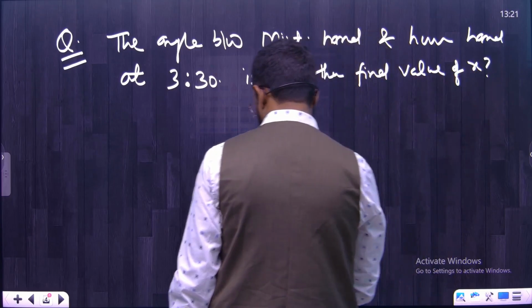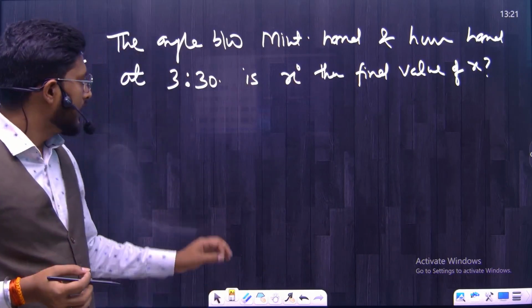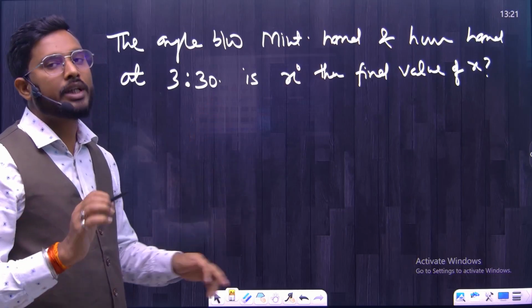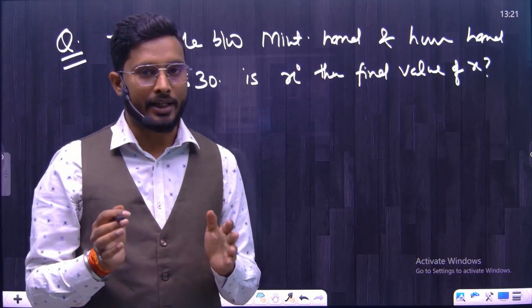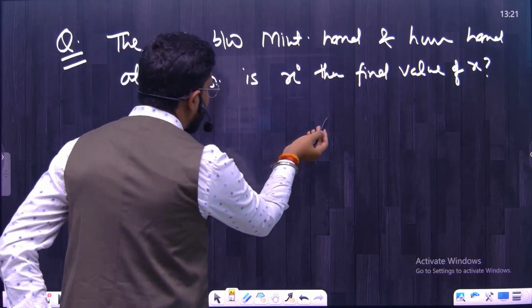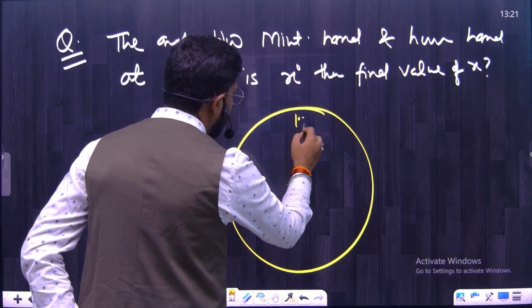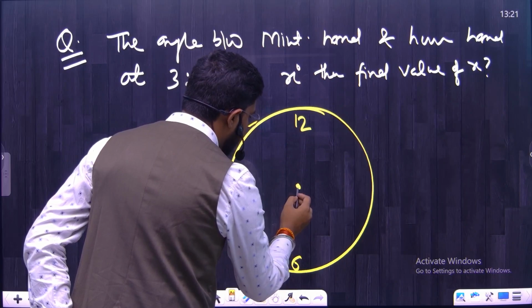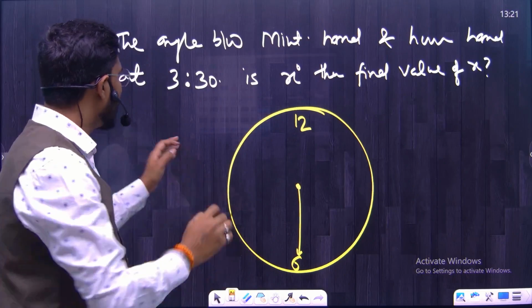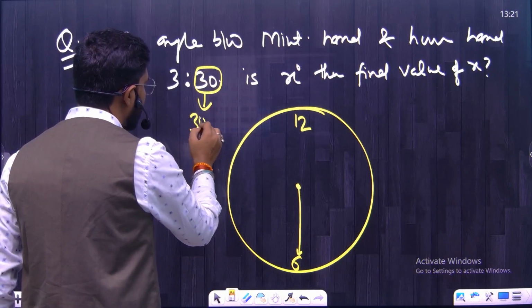Now you have to think: at 30 minutes, what is the position of the minute hand? The position of the minute hand will be at 6 for 30 minutes.